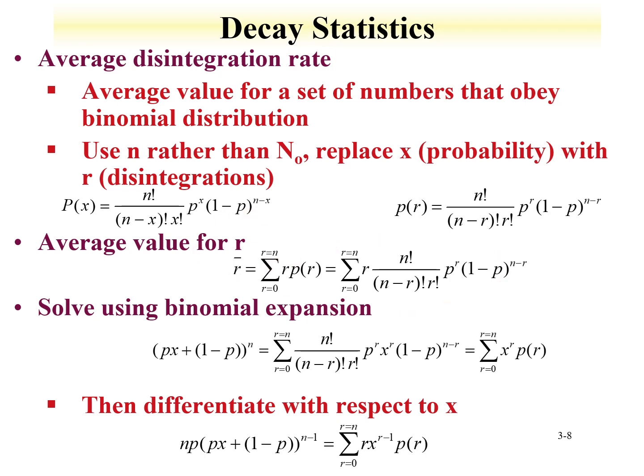I'll just present this result shown here, and then differentiate with respect to x, and that value is provided here. So we have this binomial expansion, differentiate with respect to x within this expansion, and now we have this, which again we're using as a way of trying to describe an average disintegration rate, which is this equation here.